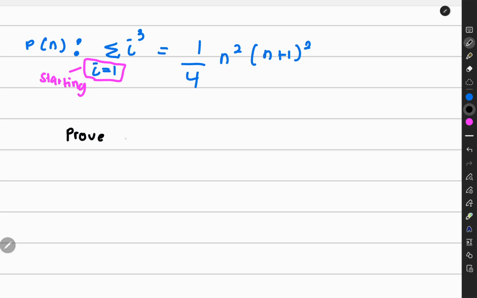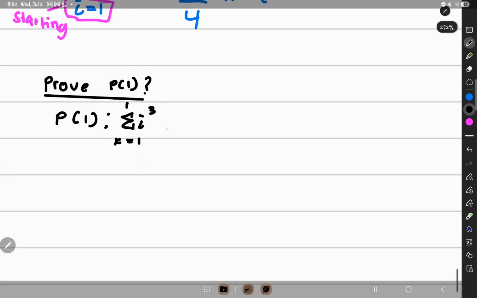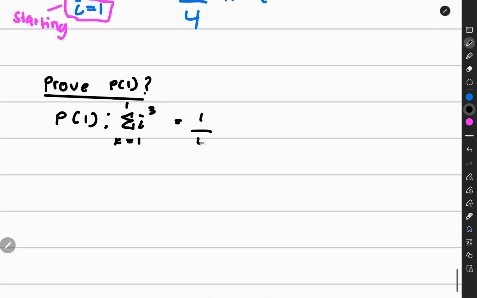We write down the statement P(1), which is the summations of i to the power of 3, i from 1 until 1, because we want to look at the first term, which is equal to 1 over 4 times 1 to the power of 2 times 1 plus 1 to the power of 2.